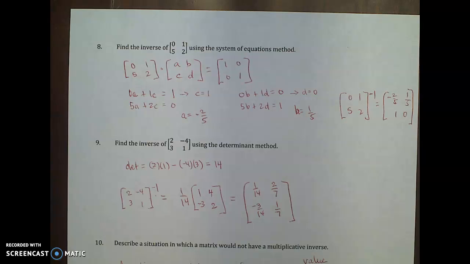For number 8, right, we're given this 2 by 2 and we want to use the systems of equations method for finding the inverse. Number 9, we want to use the determinant way.